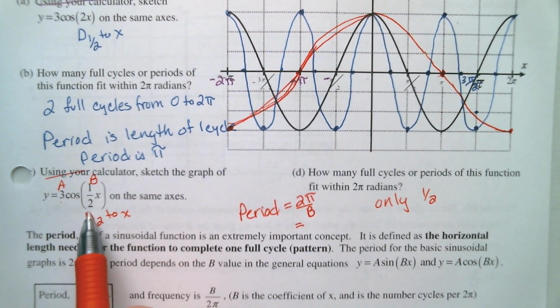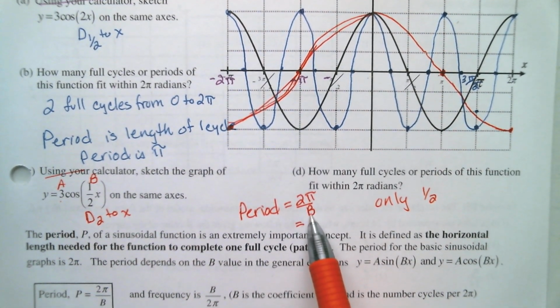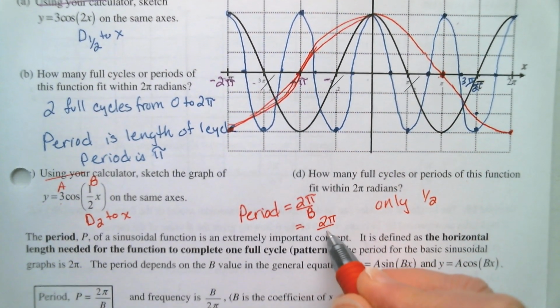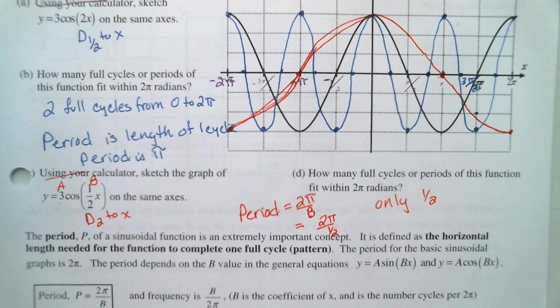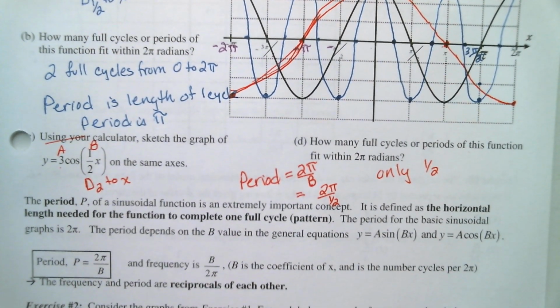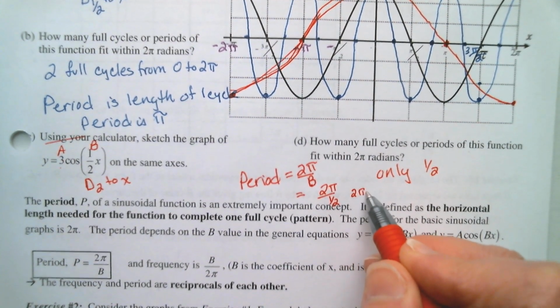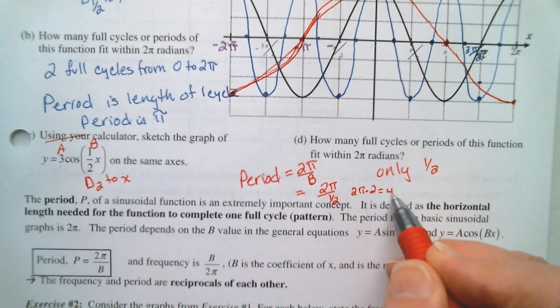So substituting 1/2 in for b into our formula, 2 pi divided by 1/2. Dividing by 1/2 is the same as multiplying by its reciprocal. So that's 2 pi times 2, which is 4 pi.